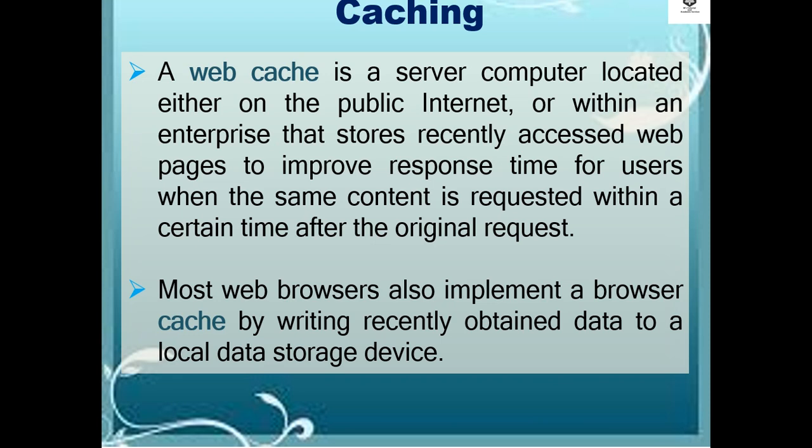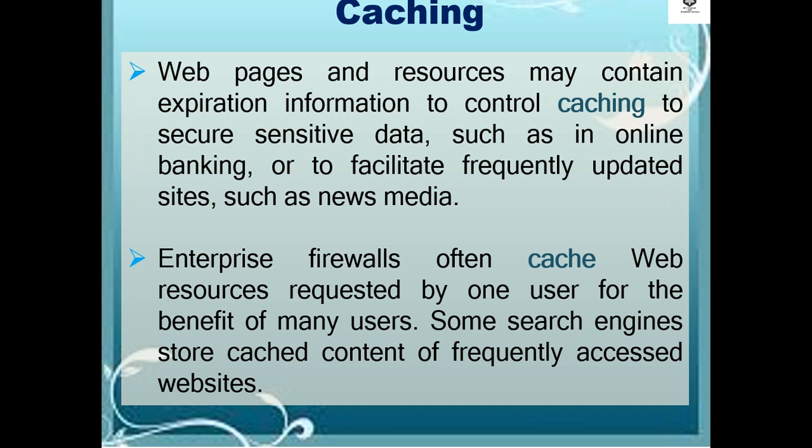Most web browsers also implement a web browser cache by writing recently obtained data to a local data storage device. Web pages and resources may contain expiration information to control caching to secure sensitive data such as in online banking or to facilitate frequently updated sites such as news media.